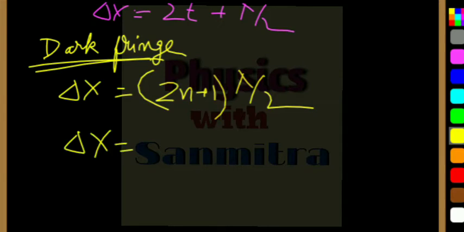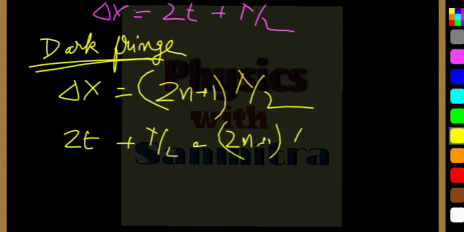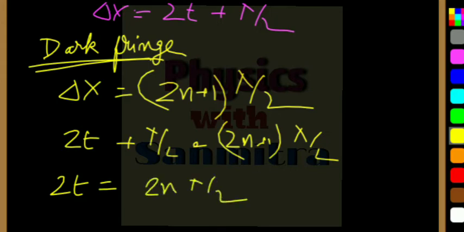So 2t plus lambda by 2 is equal to (2n plus 1) lambda by 2, and this lambda by 2 and this lambda by 2 will cancel out, so 2n lambda by 2 will remain, and this 2 and 2 will cancel out, and my t will become n into lambda by 2. I am getting t as n by 2 into lambda. This is for dark fringe.